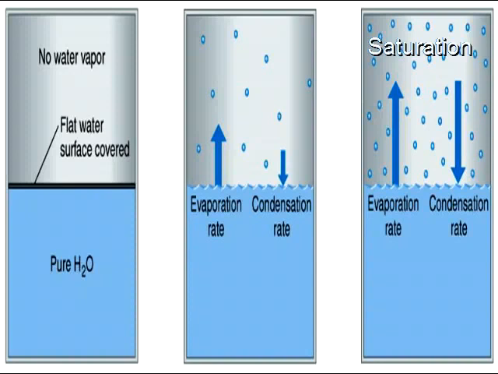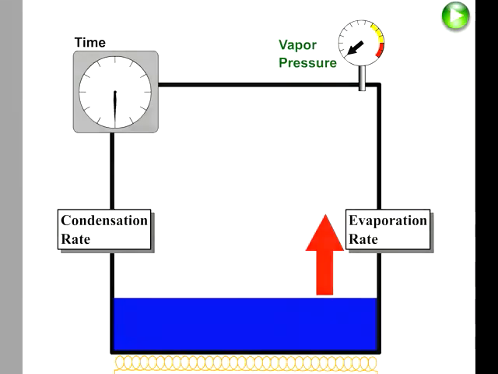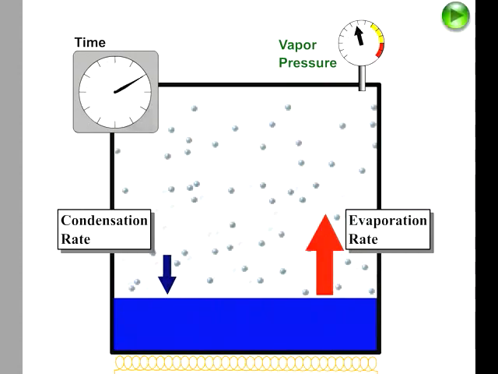Here is another way that will help you understand the concept of saturation. If you have a sealed container containing only liquid water, over a very short period of time, water molecules begin to escape from the liquid. The pressure due to the water molecules in the water vapor phase is called vapor pressure.